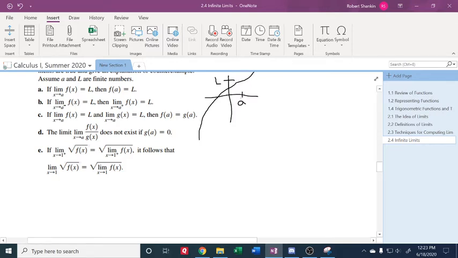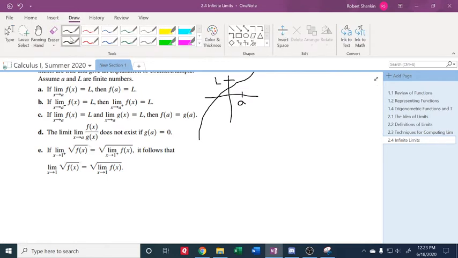And now, it says if the limit as x approaches a of f of x equals L, which means that as I get closer and closer to a from either side, I have to be getting closer and closer to this height of L. And that certainly appears to be the case.